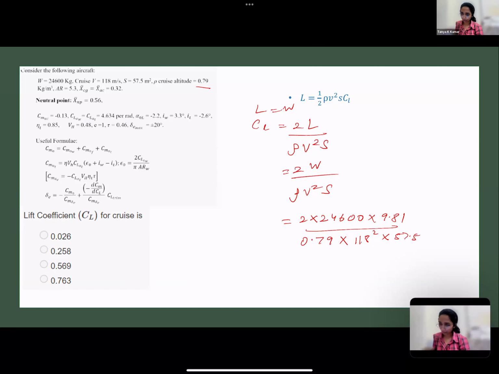So let's just calculate this quickly. Just correct me if I'm wrong at any point. I'm getting something around 0.7631, so it's the fourth option. All right, let's go to the next question.